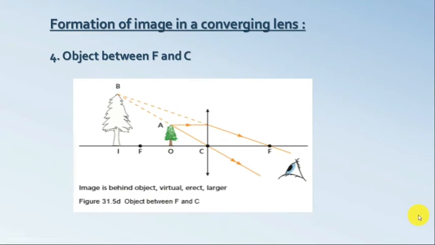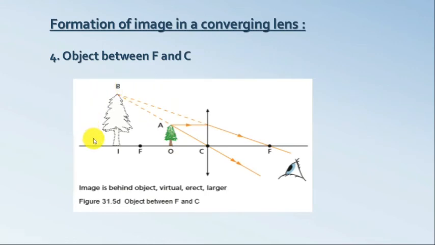Where will they meet? The extended rays beyond or behind the lens, they will meet at a point. Here is the point. They will meet here, but they will form what? Who remembers when the dashed lines or the dotted lines meet? These are not real rays. They will form a virtual image.